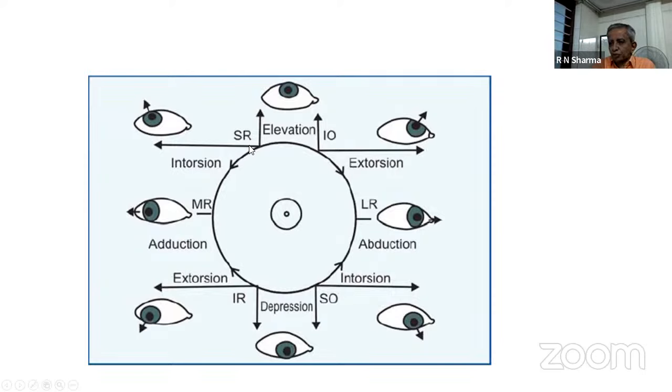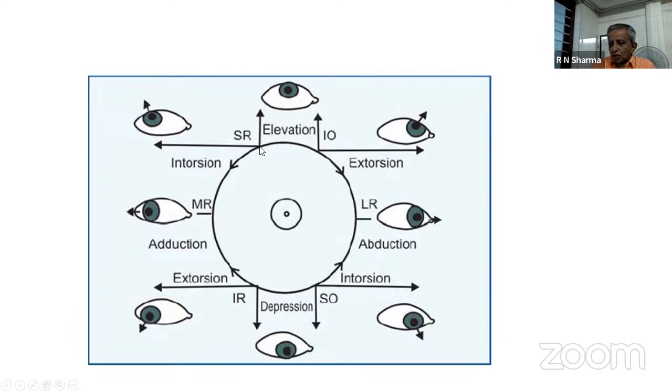Now, what is the action of the superior rectus? There are 3 arrows. Students can learn like this. One arrow is upward. We are already saying that the superior rectus is an elevator. And it is moving toward the nose. The nose is here, so it is an adductor. And the 12 o'clock meridian is moving like this.